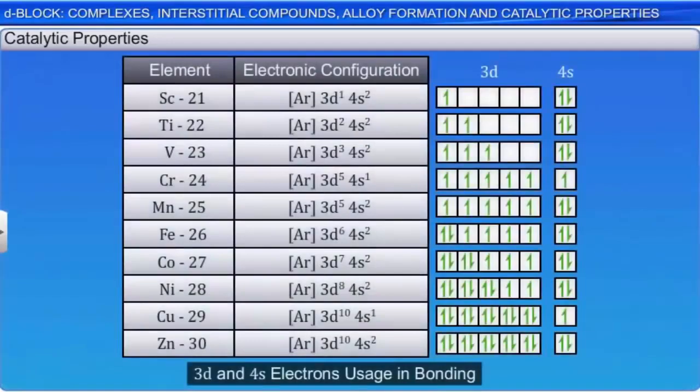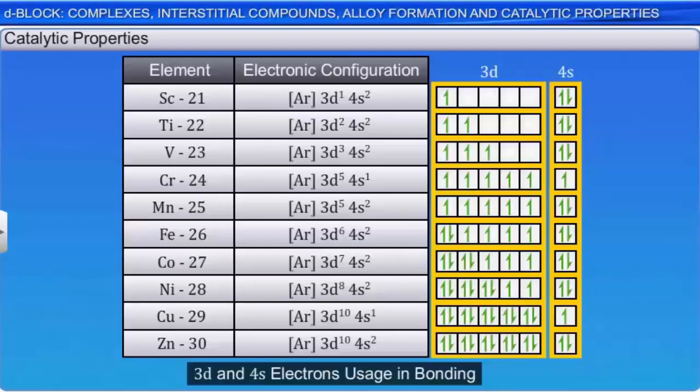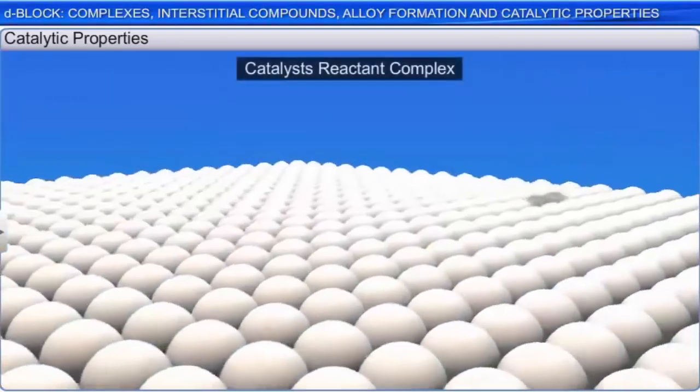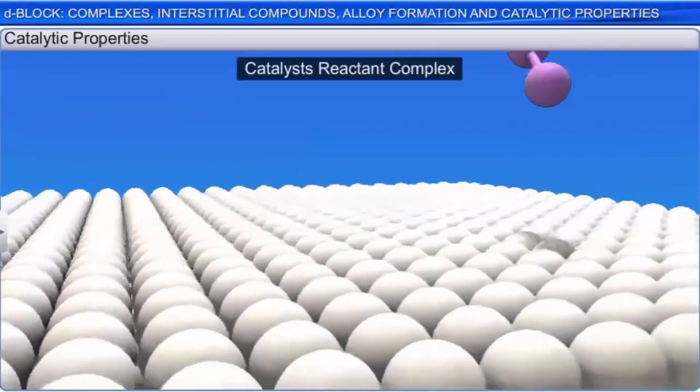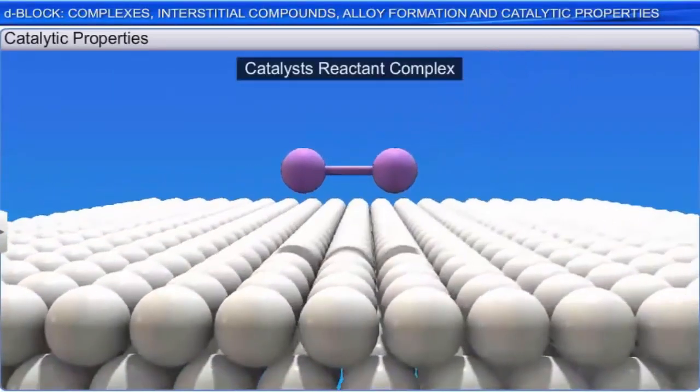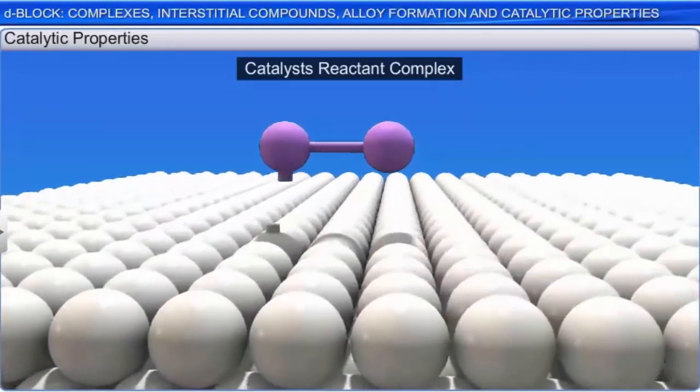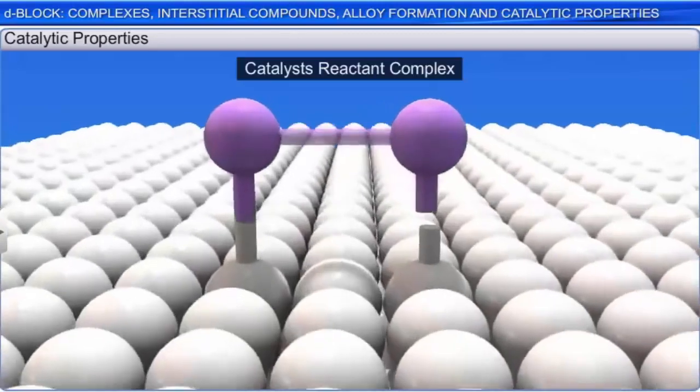The 3d electrons of the first transition series elements are used in bonding, in addition to the 4s electrons. Thus, the concentration of the reactants at the catalyst surface increases, and the bonds of the reactant molecules weaken because their activation energy is lowered.